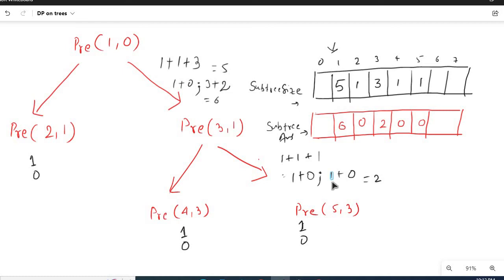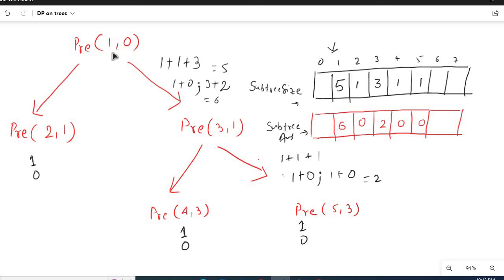Go to the right side. The subtree size for the right side is 1 and the answer for the right side, which is 5, is 0. So the total sum is 0. So in 3 I would write 2. Okay. Similarly, for this one the size would be 1 and the sum of the distances from this node is 0, because there is no node below it.